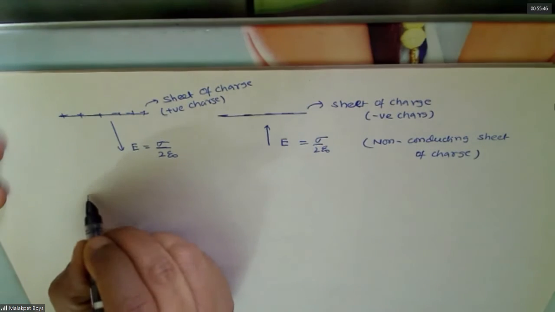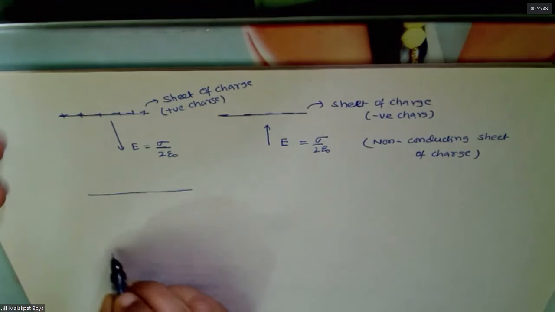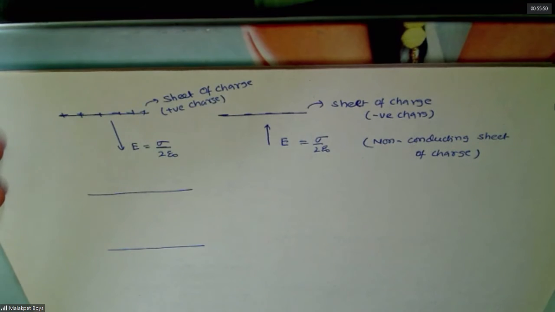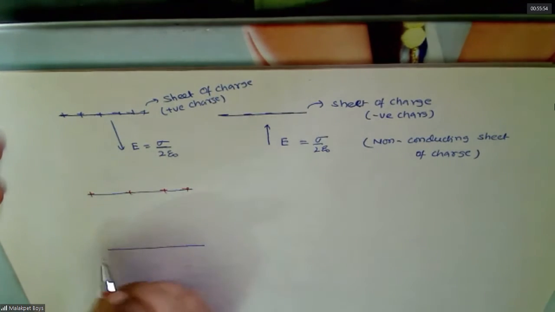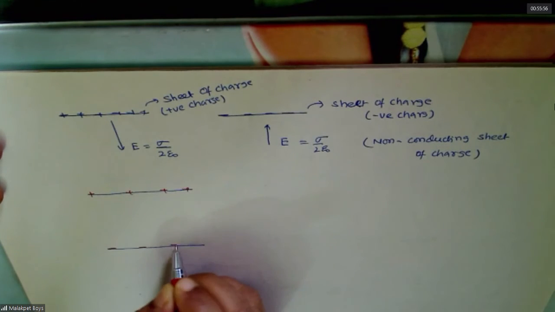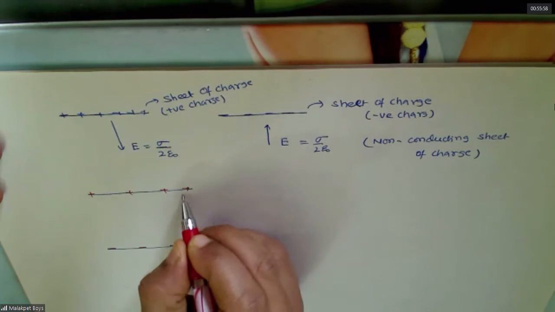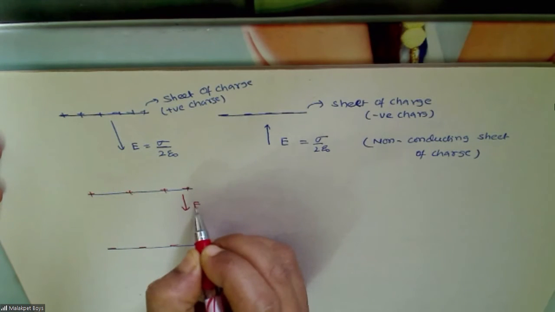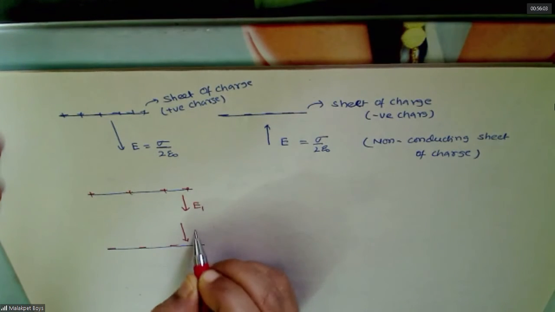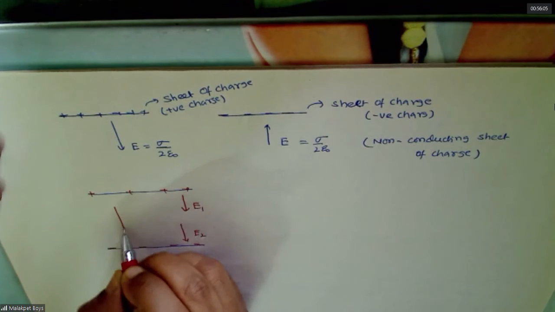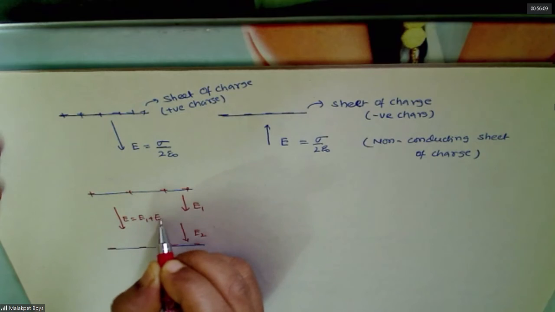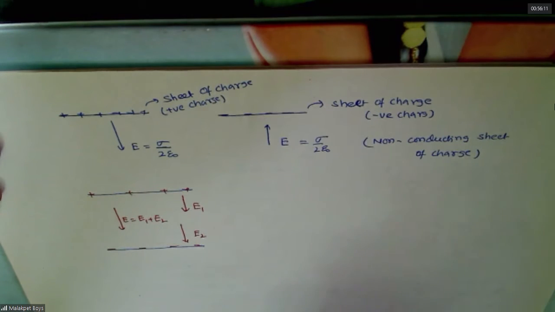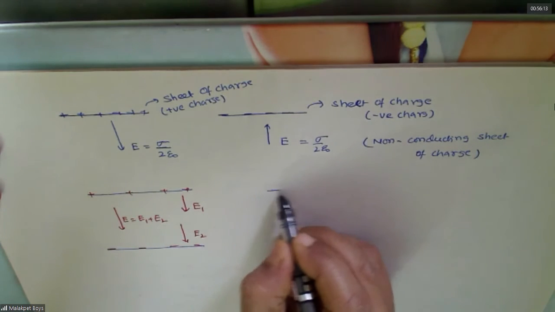So now I am taking one positive one and one negative. Can you tell the net field will be in which direction? Due to this, it will be like this, and due to this, it will be like this. So what is the net field? Sigma by epsilon.